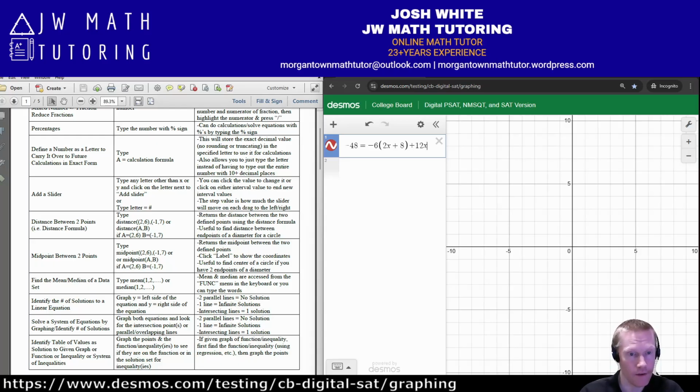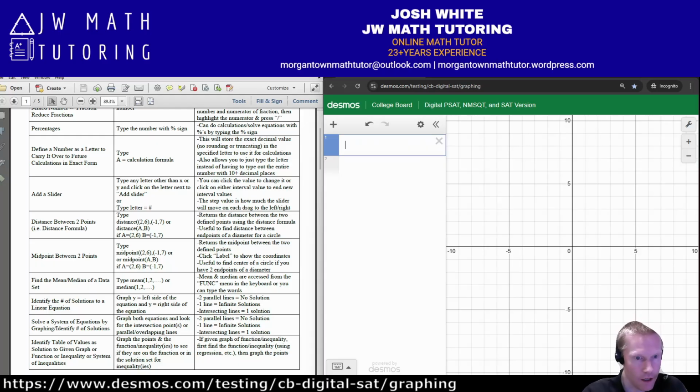The reason why for this specific type of problem I like doing the graph y equals left side and y equals right side method is because if you just graph the equation itself in one line, the no solution and the infinite solution cases will be identical. They will both show a blank, empty graph. You can't tell just by looking at the screen right now whether it's no solution or infinite solutions. The only way you can tell is by graphing both lines separately and then seeing, do you have the same line over top of itself or do you have two parallel lines? Okay.